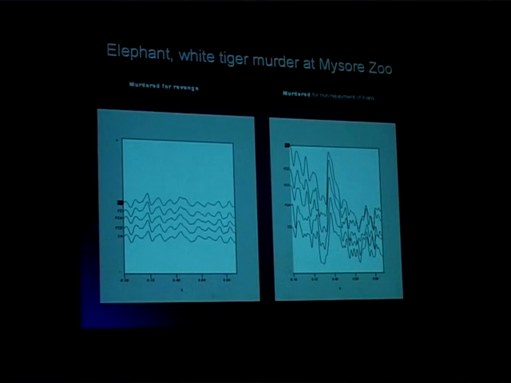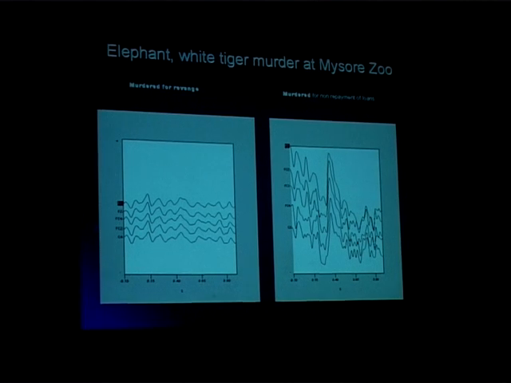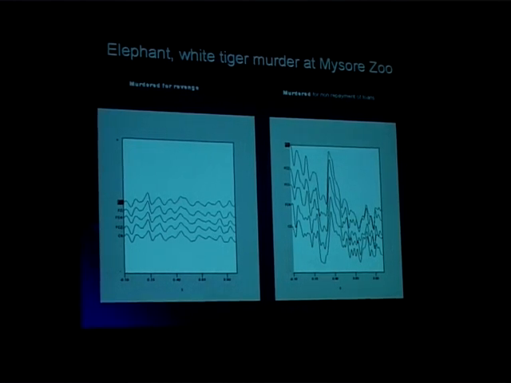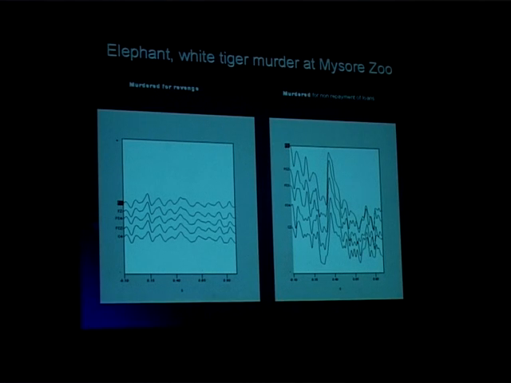Due to paucity of time, I would like to skip, and I will take 1 minute on this. In Mysore Zoo, elephants and white tigers were done to death. They were planning in such a way that on Tuesday the elephant or the tiger should die, because Tuesday happened to be a holiday for the zoo, and when the visitors come on Monday, they should see how the animals are suffering.